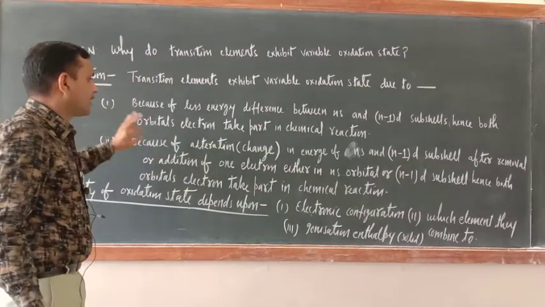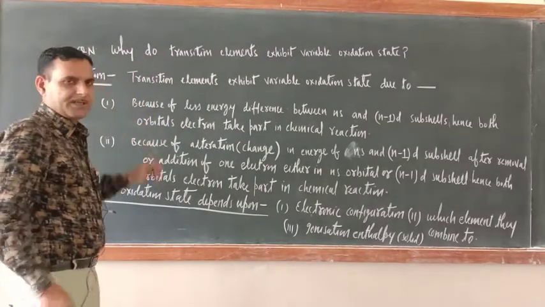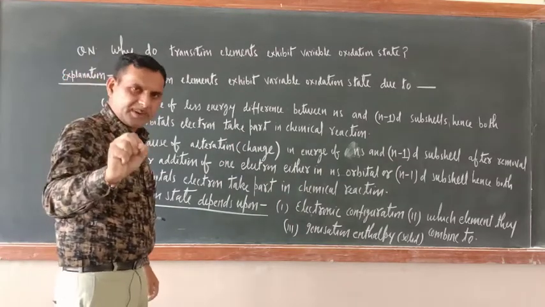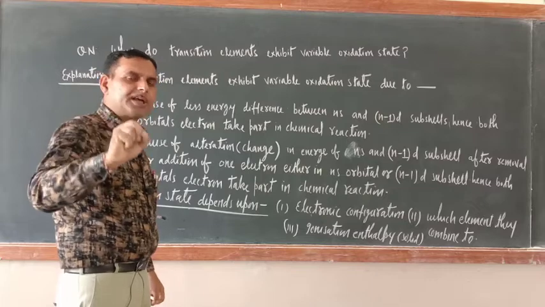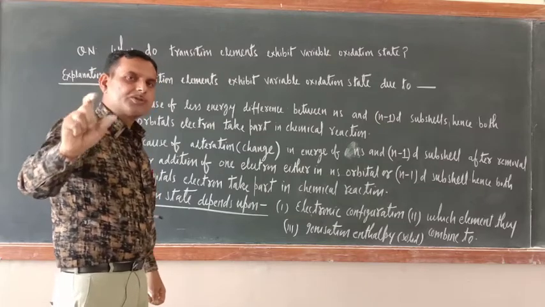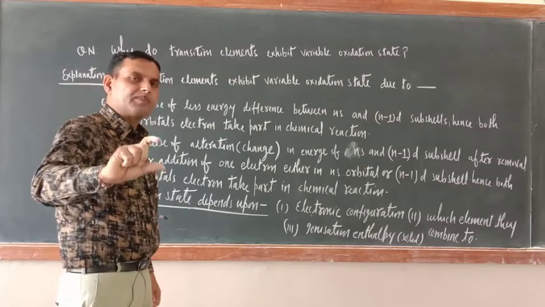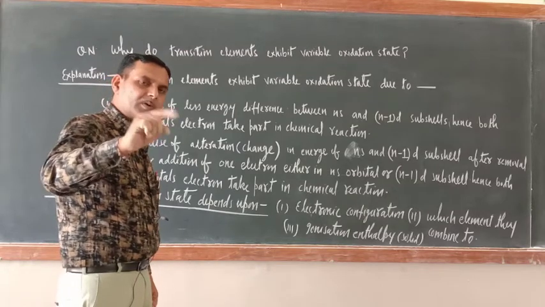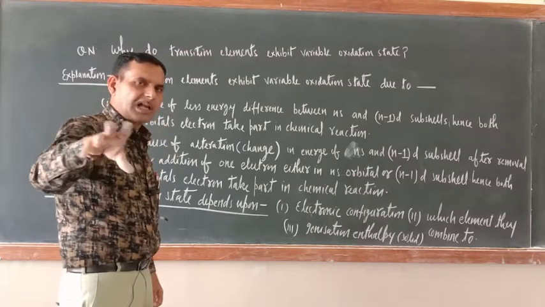What is the reason? So the first reason is very obvious. The energy difference between ns orbital and n-1d orbital is very less. So not only ns orbital will take part in the bond formation or chemical reaction, n-1d subshell electrons will also take part.